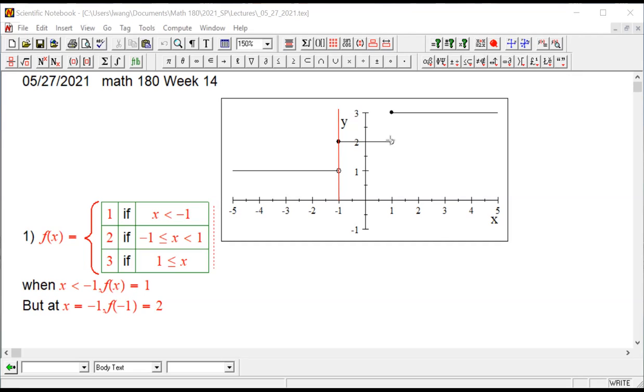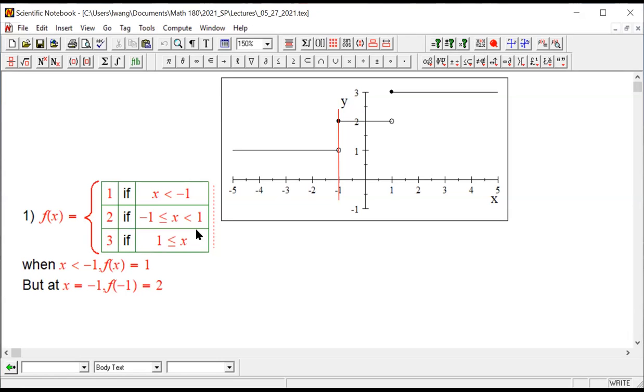At +1, you can see the second rule does not apply to +1. Okay, so let me scroll down just a little bit.